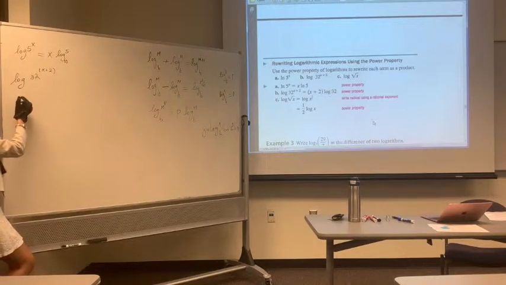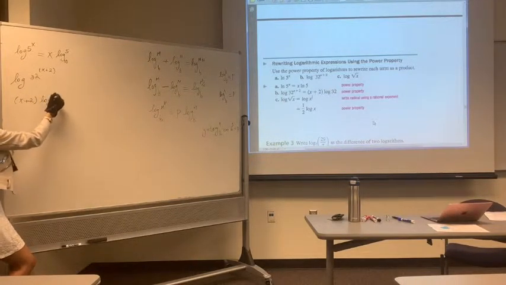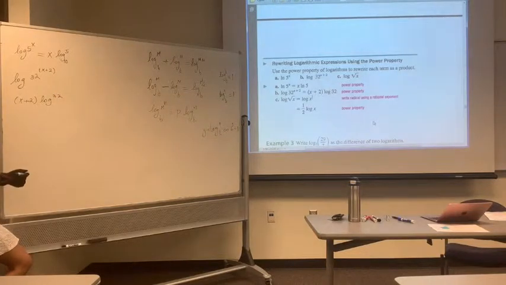So first of all, bring the power here. Then we have log 32, right? And 32 is 2 power 5.